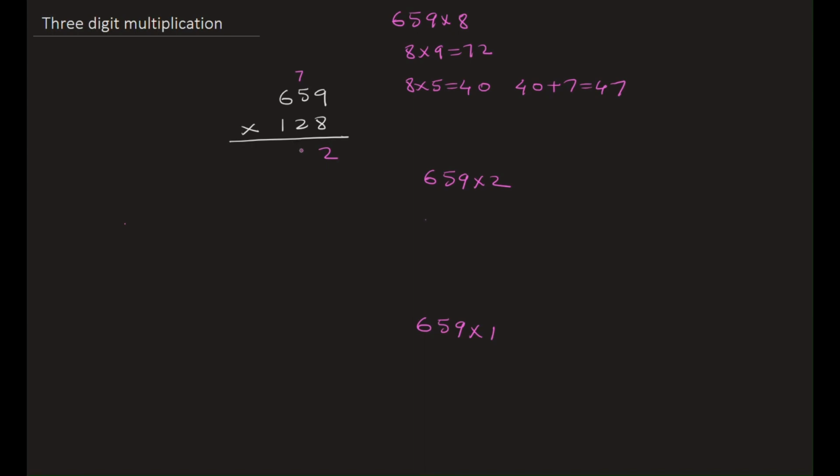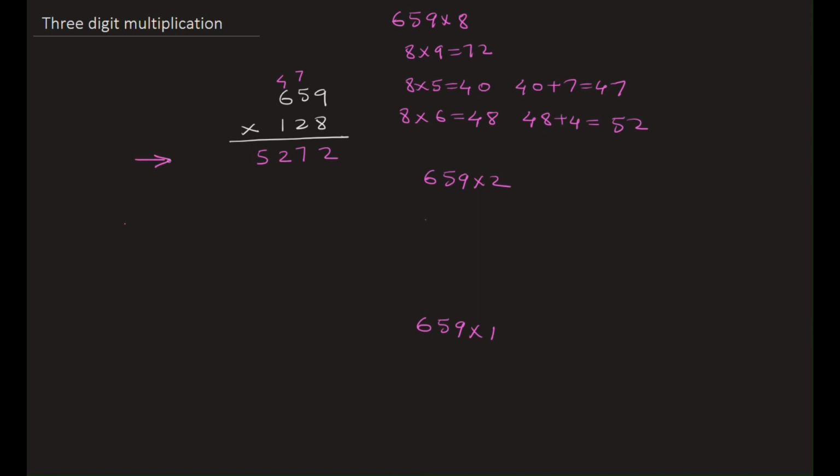So again in the tens I can write only one digit, which is 7, and then I carry over this 4 to the hundreds. Then I do the third digit. 8 times 6 equals 48, and this carried over 4 I add to 48, so it will become 48 plus 4 equals 52. And 2 I can write in the hundreds place, only one digit, and the next digit comes in the thousands place. So this is the first partial product.